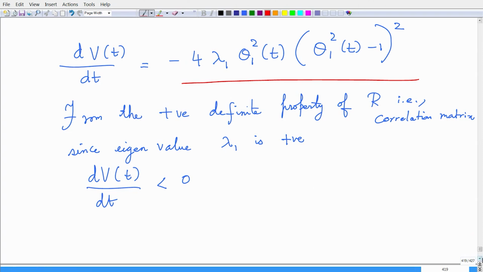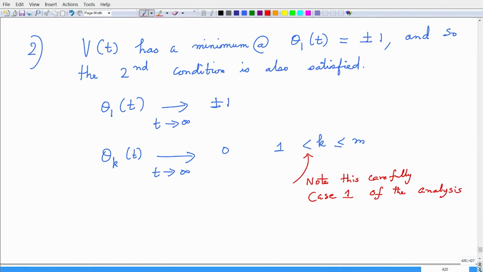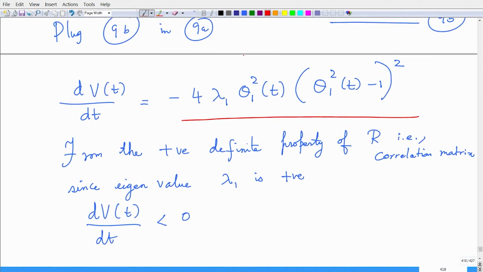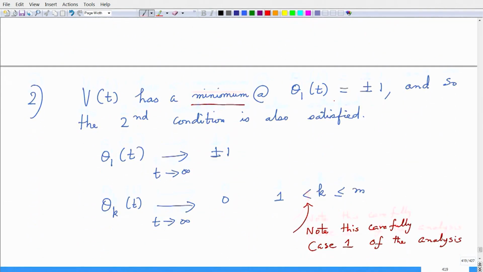Okay. Now, V of t has a minimum at theta 1 of t being plus minus 1, right. It is like a quadratic bowl here, and trivially the saddle points are theta 1 equal to 0 and theta 1 equal to plus minus 1, and we are interested in the case when theta 1 is plus minus 1.